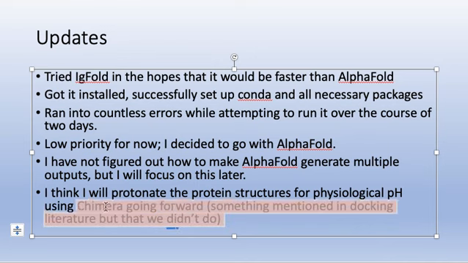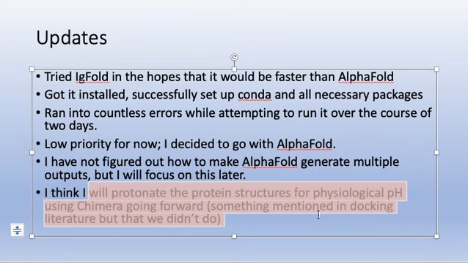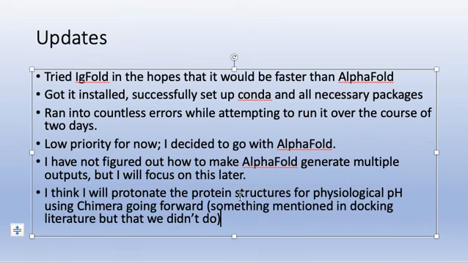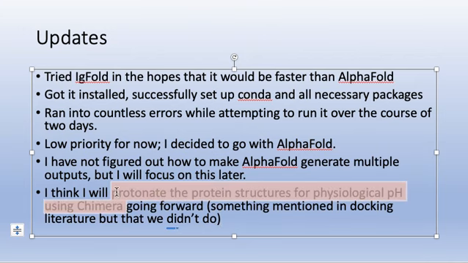And during docking, going forward, I'm just going to use Chimera. They have a protonation module for the protein structures, not the ligands. I've always been protonating the ligands with OpenBabel, but I'll do it to the protein structures as well because, I don't know, van der Waals interactions can affect that.